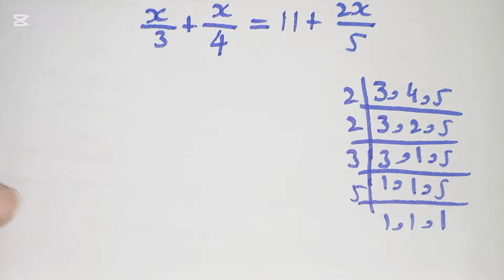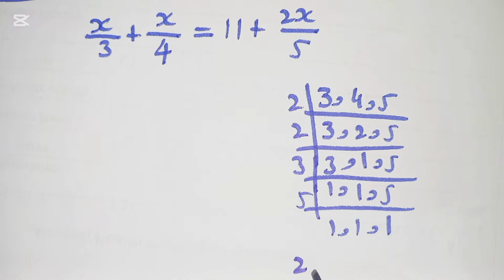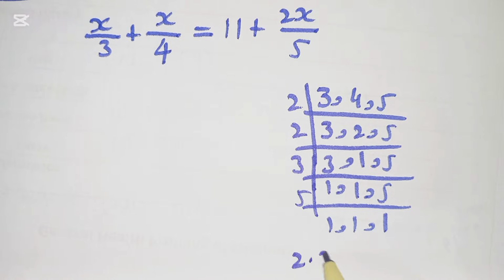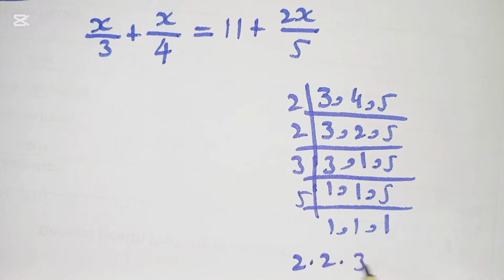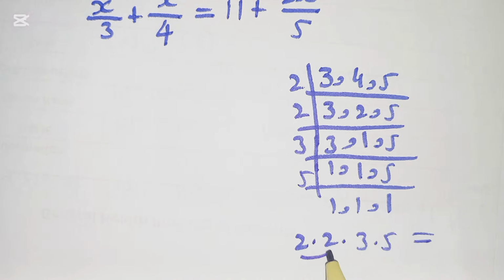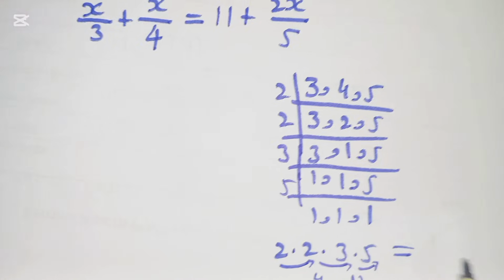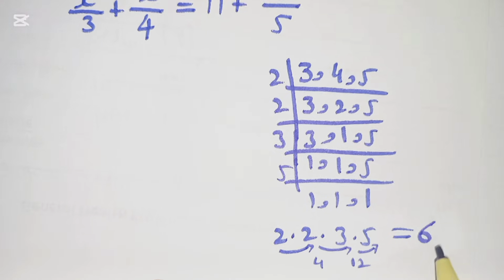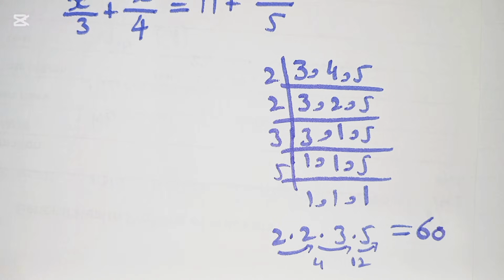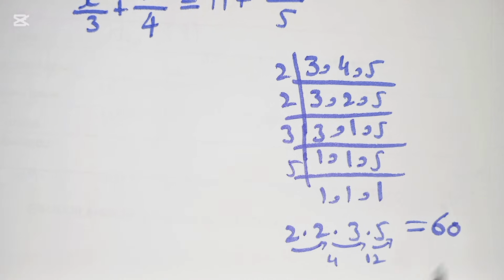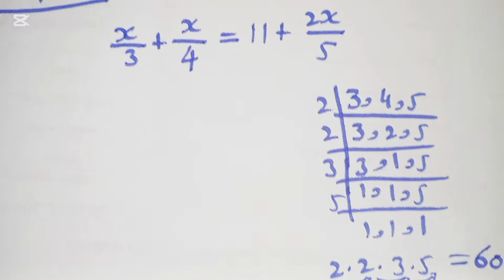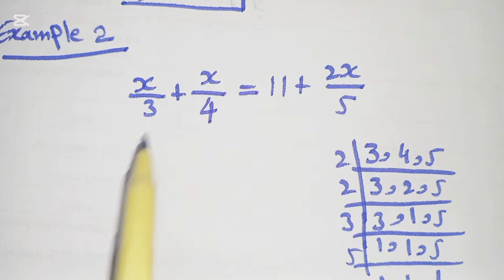And now 2 times 2 times 3 times 5: 2 multiplied by 2 is equal to 4, and 4 multiplied by 3 is equal to 12, and 12 multiplied by 5 is equal to 60. And now we multiply 60 on all sides.